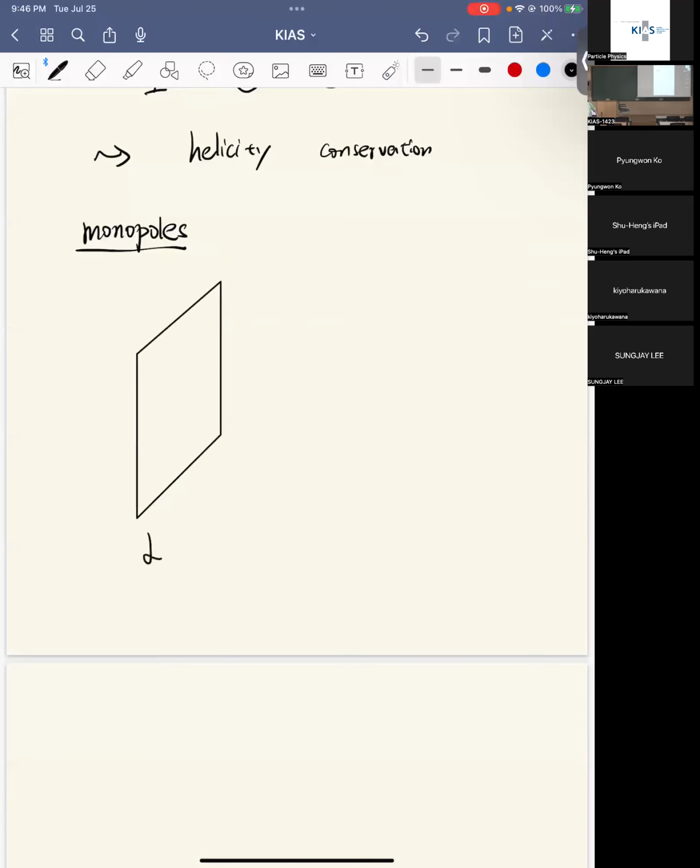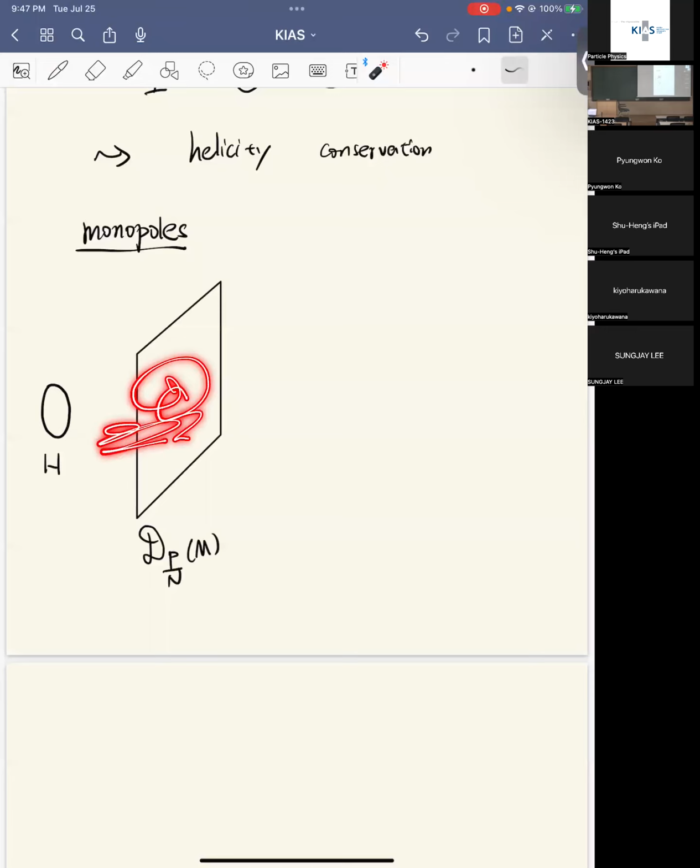This is our non-invertible operator or defect. And you can prepare a 't Hooft line over here. The 't Hooft line is the worldline of a very heavy monopole. It's not dynamical, but it's a line defect. The operator D is topological, so I can freely move this defect around. I can move it continuously so that at some point it goes to the other side of the 't Hooft line.